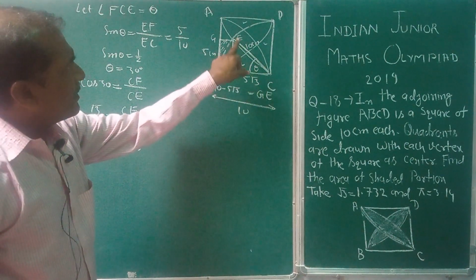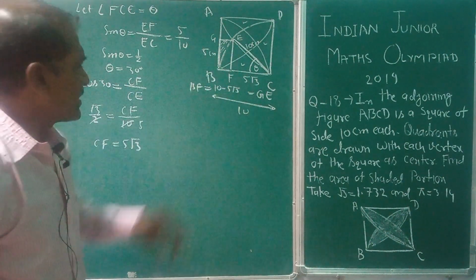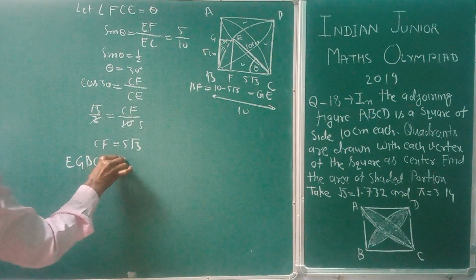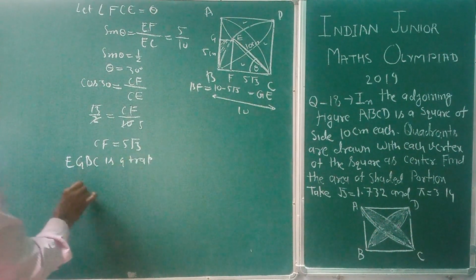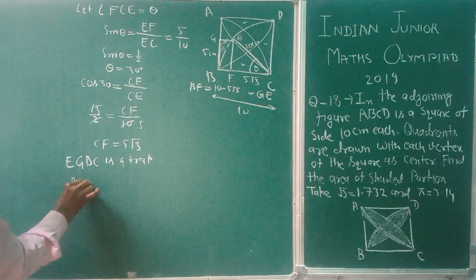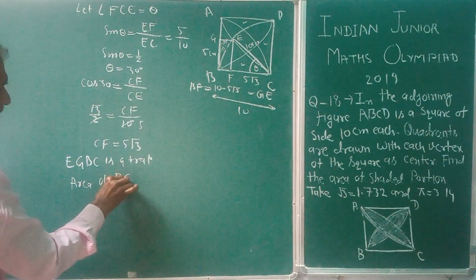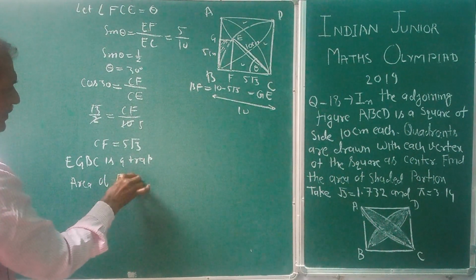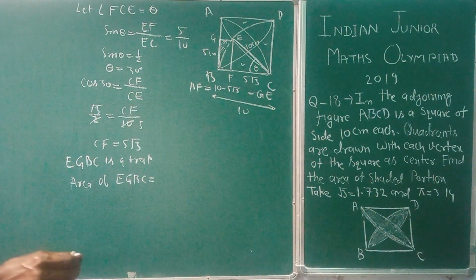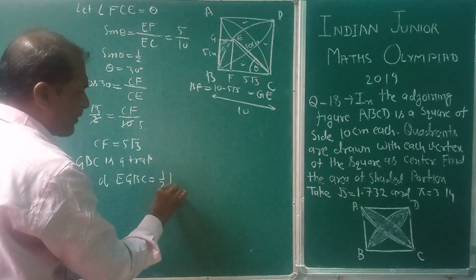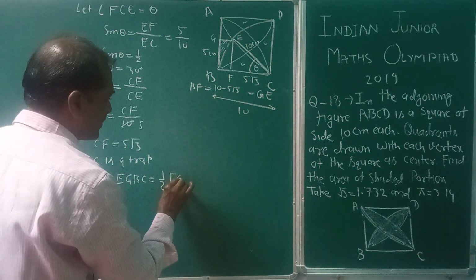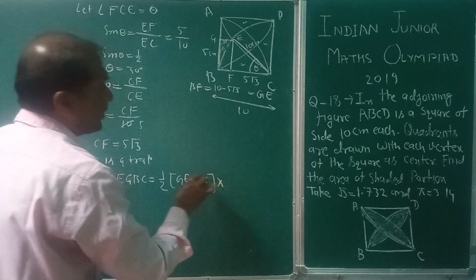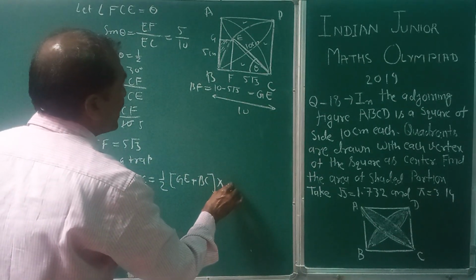We are observing that EGBC is a trapezium. So first we shall calculate the area of EGBC. We know that the area of the trapezium is half times the sum of parallel sides, that is GE plus BC, into the perpendicular distance between these two sides, which will be BG.